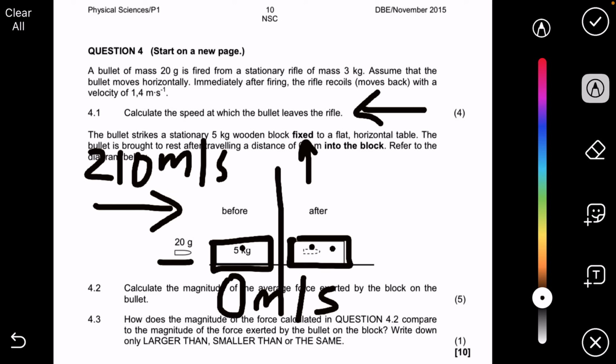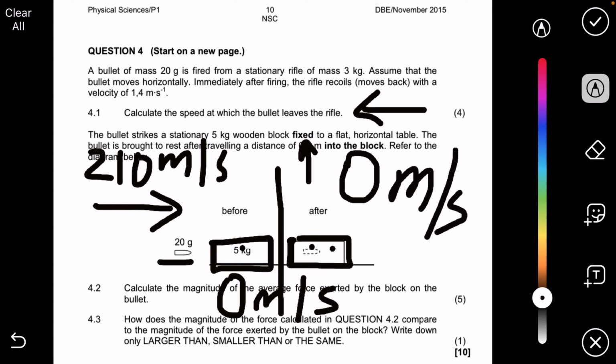Now what other information do we need to interpret, ladies and gentlemen? I think the other information that we need to take into account is the fact that the velocity of the bullet in the situation after is going to be 0 meters per second.